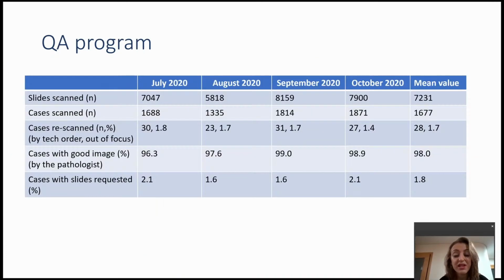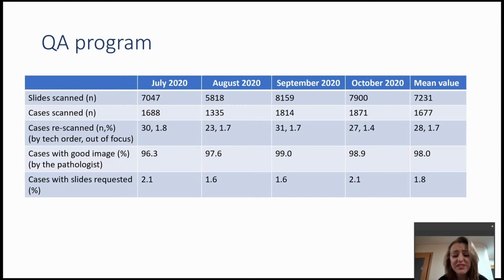This allows us to have some numbers, and these numbers also drive our actions and activities in the lab. We reached about 7,000 scans per month, which corresponds to about 1,600 cases scanned per month, and about 28 cases per month are rescanned, because the technical staff understand that they are out of focus and need to be rescanned, which is very, very low.